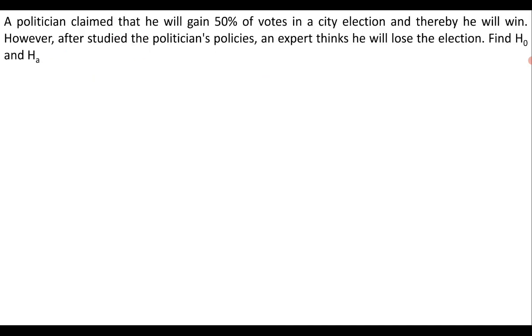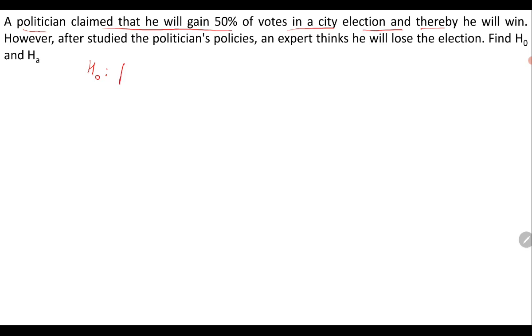Let's see one more example. A politician claimed that he will gain 50% of votes and thereby he will win, but an expert thinks he will lose the election. So what would be H naught and HA? H naught is what the politician thinks, because you have this information that he will gain 50% of votes.